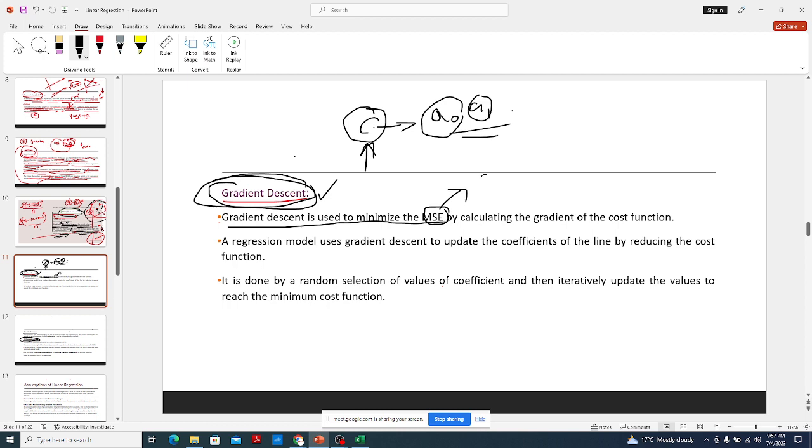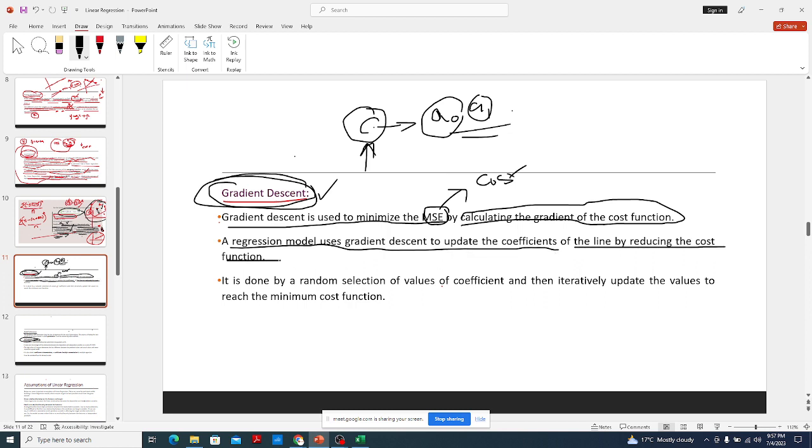We are talking about the cost function, by calculating the gradient of the cost function. So a regression model uses gradient descent to update the coefficients of the line by reducing the cost function.